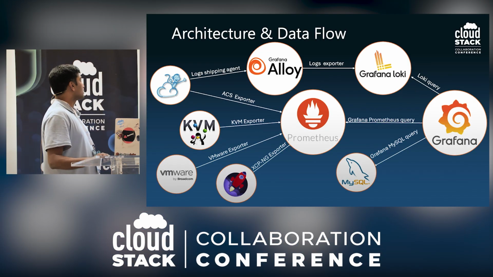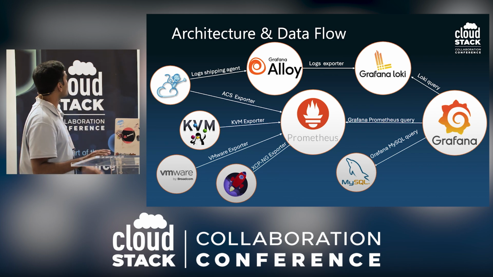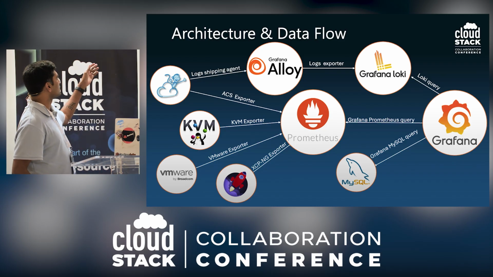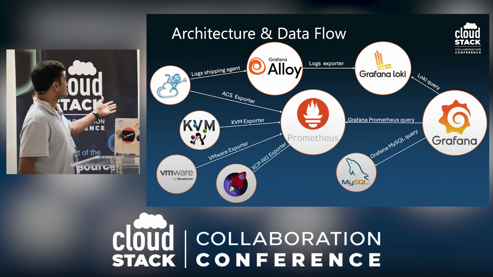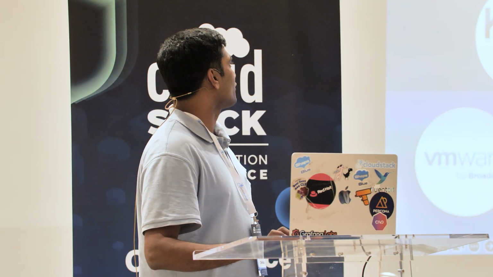So this is overall the architecture. I have CloudStack, all the hypervisors that CloudStack is integrated with, and there is a Prometheus agent sitting on all the hypervisors, which exports the Prometheus data. Even CloudStack exports Prometheus data. And for logging purposes, I'm using Grafana Alloy.